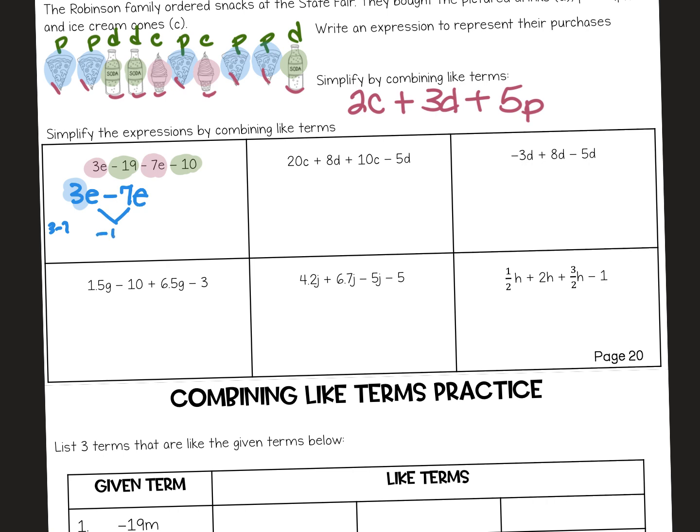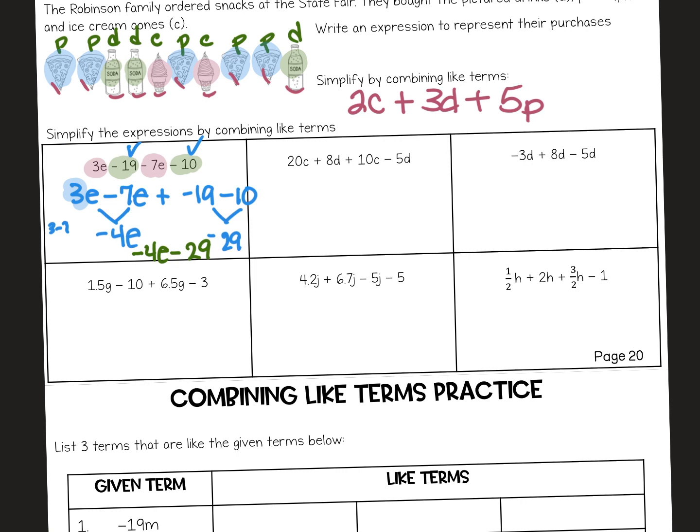So I'm going to have negative 4 of the E. I also combine my constants, negative 19 and a negative 10. If I go to my calculator and do negative 19 minus 10, it's going to say negative 29. So my simplified expression is negative 4E minus 29.